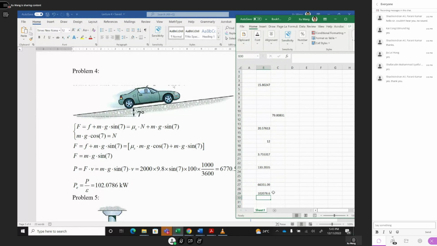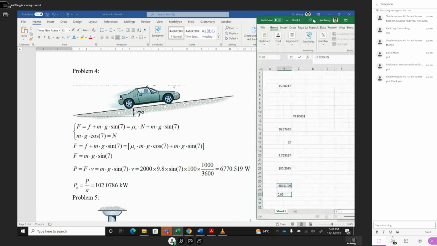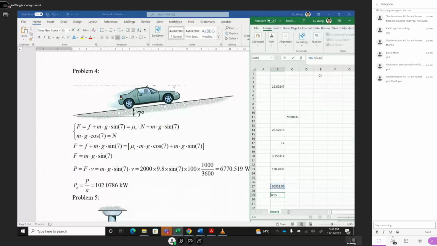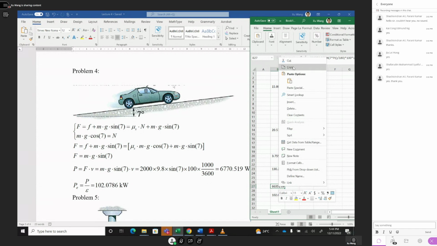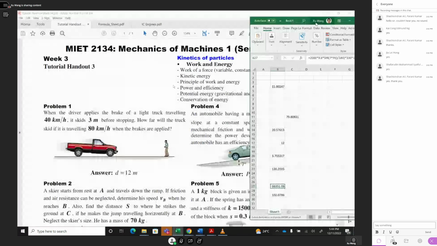And divide by 1000, because this only gives you watts, and kilowatts is watts divided by 1000. I think this calculation is not right. The numbers should be right, I have to change it. Sorry about that.